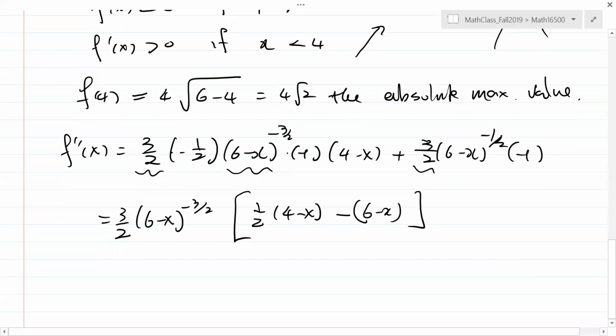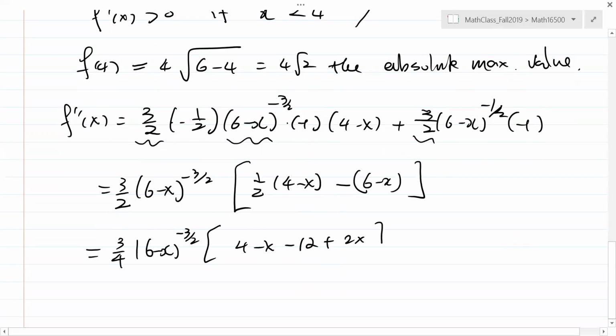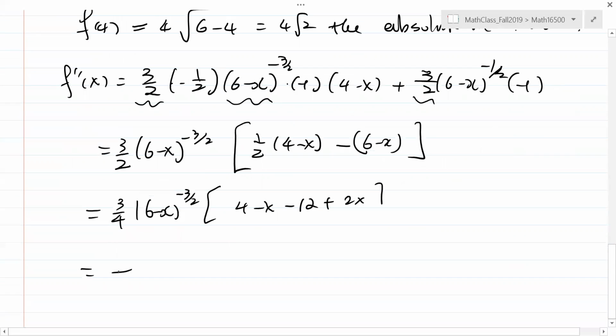So if I take 2 out, I get 4 minus x minus 2 times x, 12, plus 2x. So that is going to be x minus 8.